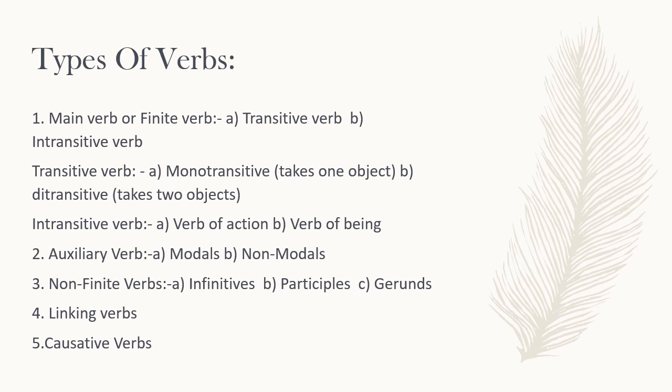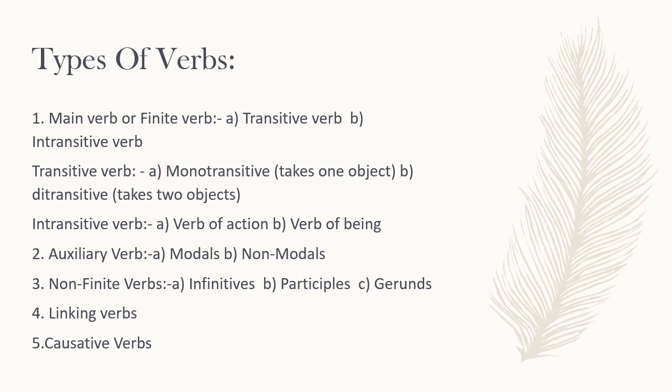There are 5 types of verbs which are discussed in this book and they are: Number 1, main verb or finite verb. Finite verbs are of two types, transitive verb and intransitive verb.